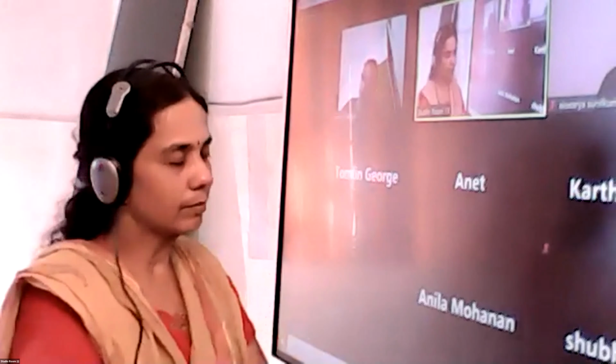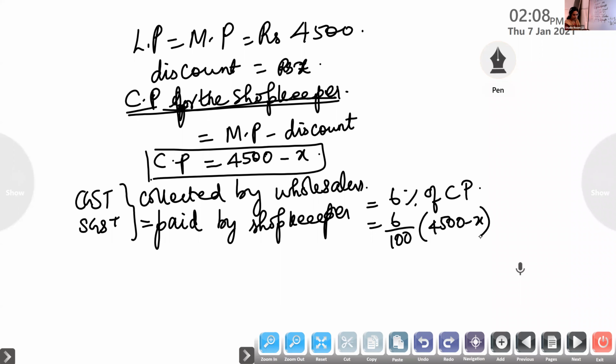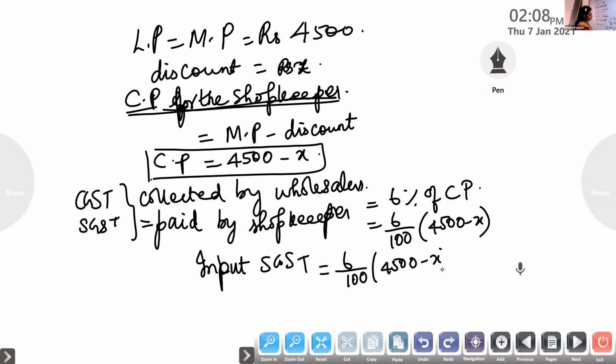That is 6 by 100 of 4,500 minus X. This is the amount paid by the shopkeeper, which is the same as the input SGST.